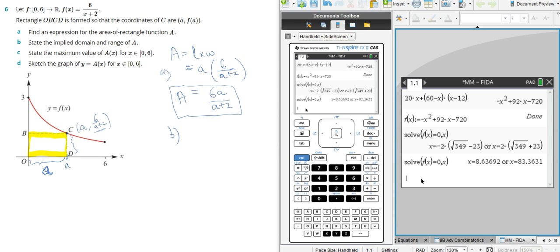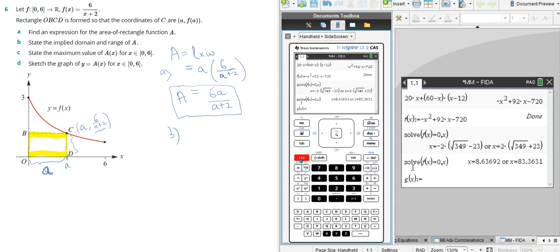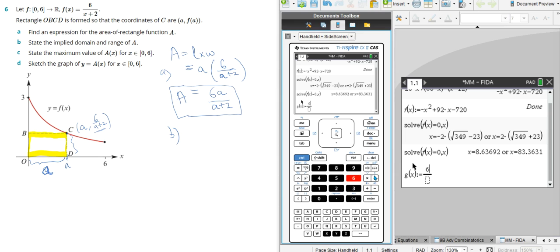Try to sketch this graph and see what you get. So what I'll do is I'll define this function first. I will define it as g of x equals 6 times x over x plus 2.